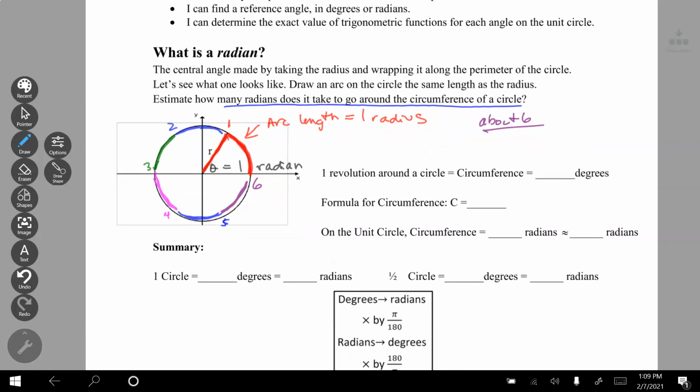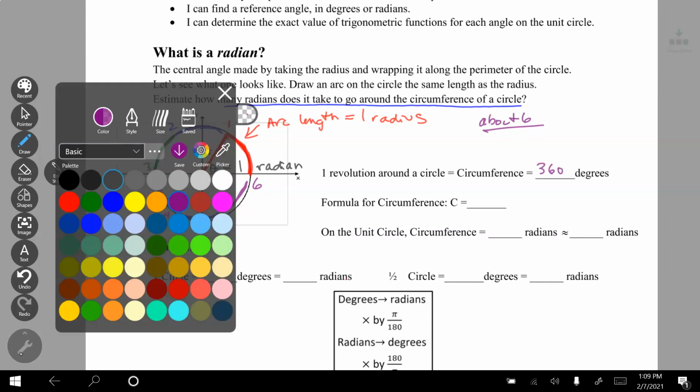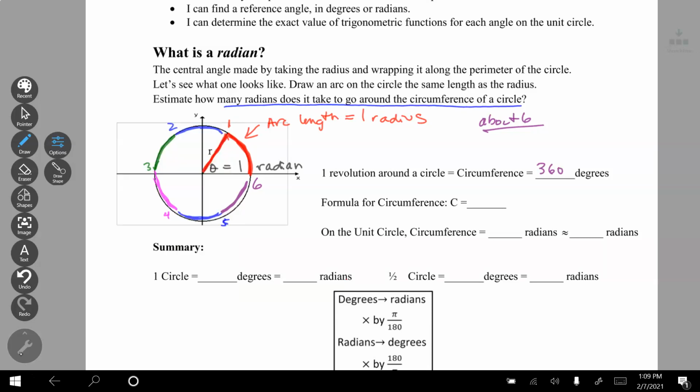So let's talk about this. One revolution around the circle is 360 degrees. And if you recall from geometry class, the circumference of a circle is 2 pi times the radius. On the unit circle, the radius is equal to 1, so if I plug 1 in there, the circumference of a unit circle is 2 pi radians, or 6.28 radians.